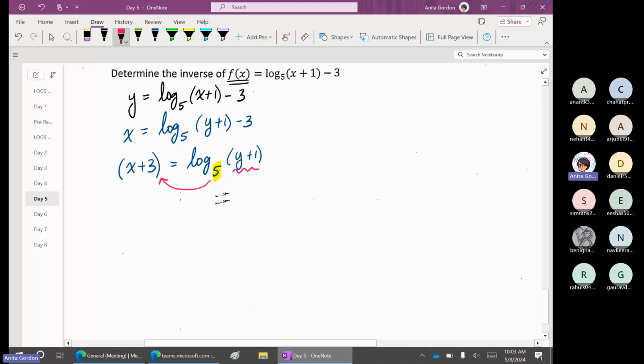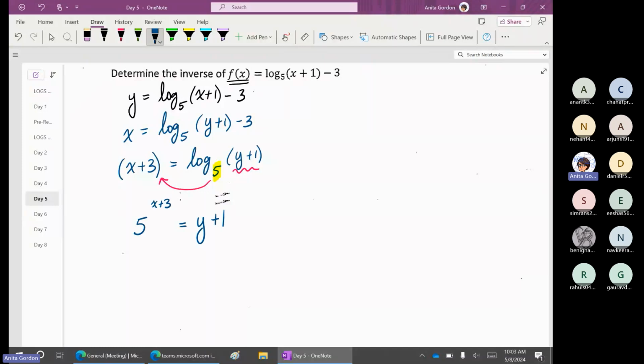Okay. So the stuff on the inside of the log will get left alone. The base of the log becomes the base of the exponent, and the stuff on the other side is the exponent. So this is going to be base 5 to the power of (x plus 3) equals y plus 1.